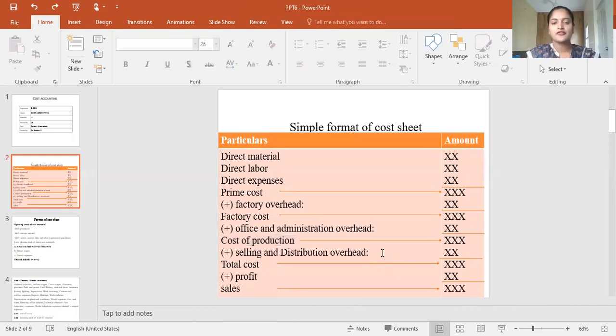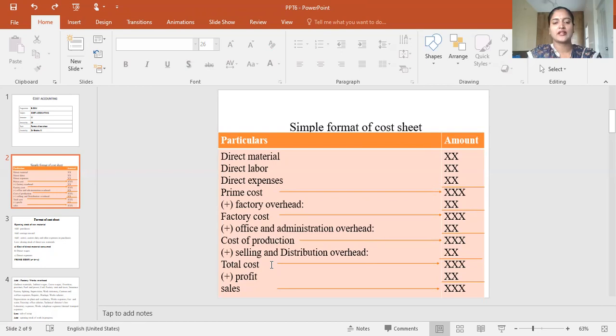Next, after taking the cost of production, we are supposed to take the expenses called selling and distribution expenses. If you add the selling and distribution to the cost of production, we get the total cost. Total cost is the cost incurred at the time of production.